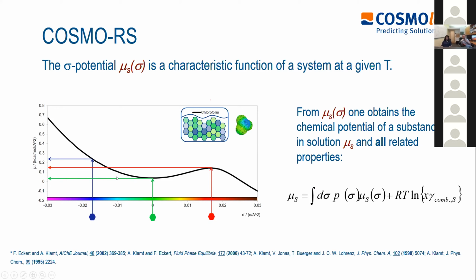And this gives you the amount of energy that is gained or has to be spent, which is related to the size of the charge density of the surface segment. And from this so-called sigma potential, which is averaged in an integral by the previously seen sigma profile, and also an entropic term, we get the final chemical potential of the solute within the solvent.